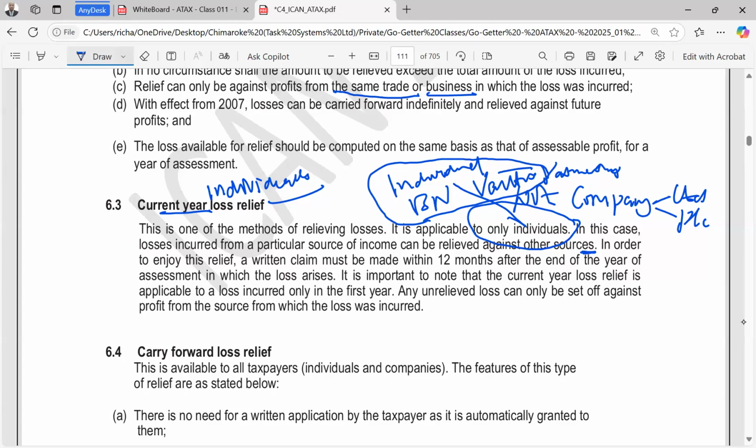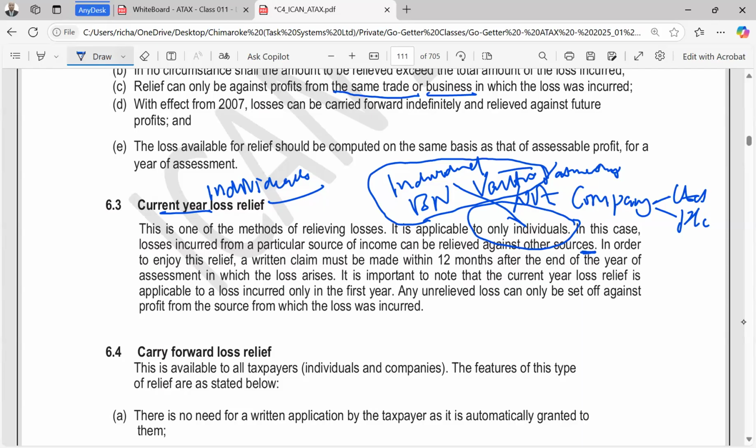But it means that if in the next year, you have another loss from trading, maybe 500,000 naira loss from trading, but you have 800,000 profit from rent, what do you do? You see, because we said they must be of the same basis, next year, the 500,000 loss you made will only qualify to be relieved from the 800,000 of the next year's rent.